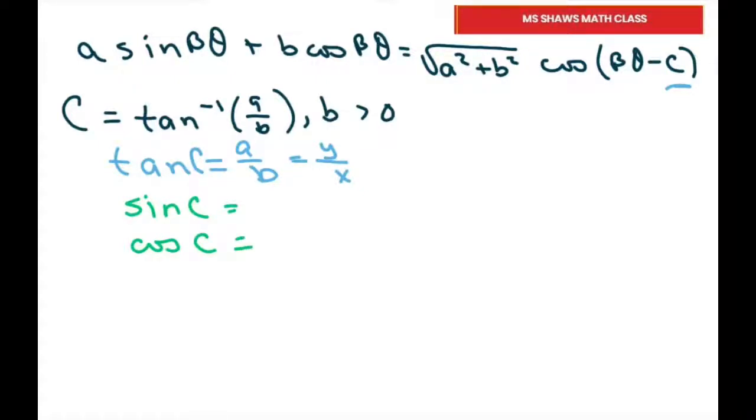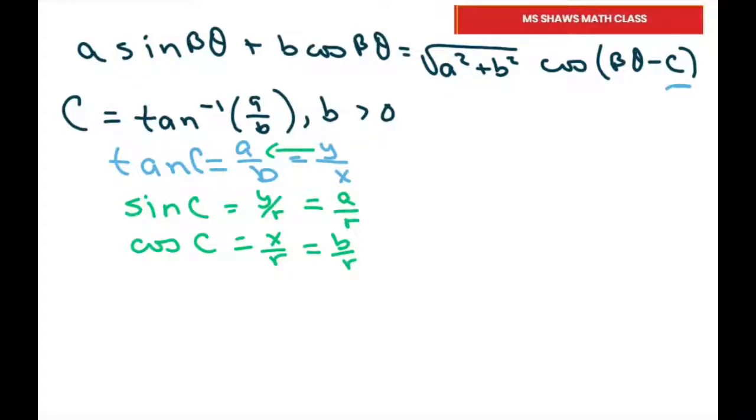Usually sine is y over r and cosine is x over r. And in this case, our y is a, so it's a over r. And this is going to be b over r.